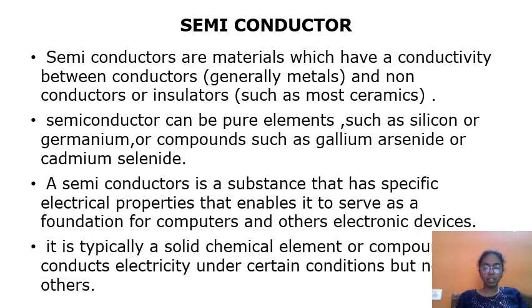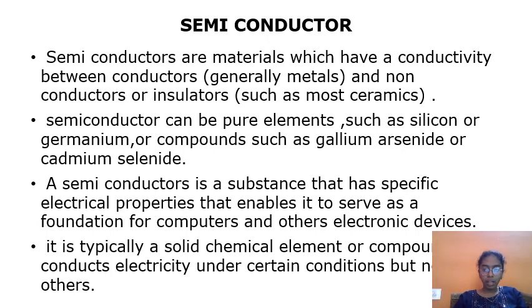A semiconductor is a substance that has specific electrical properties that enable it to serve as the foundation for computers and other electronic devices. It is typically a solid chemical element or compound that conducts electricity under certain conditions.